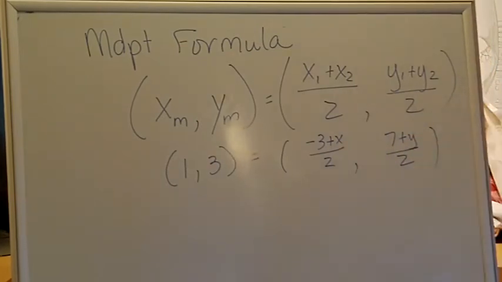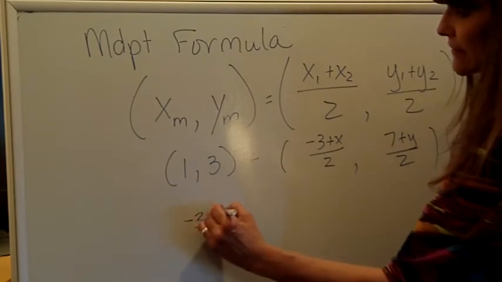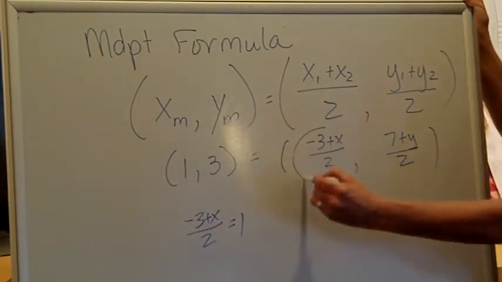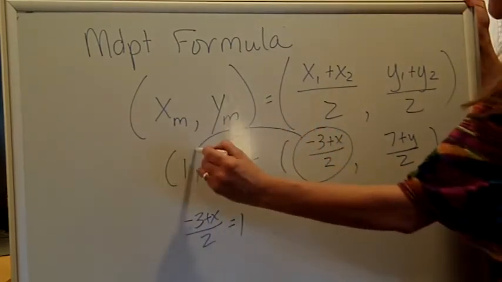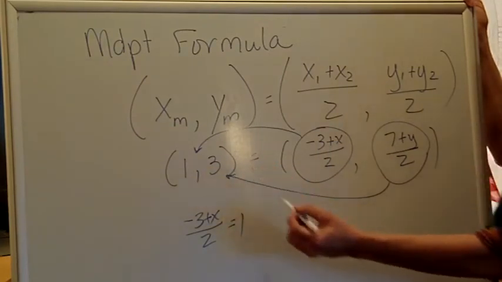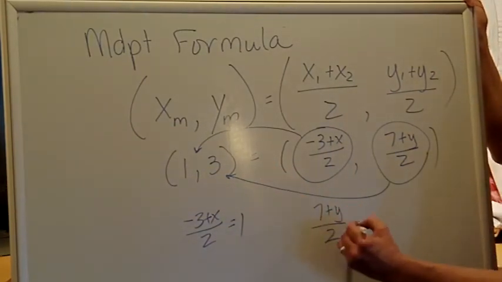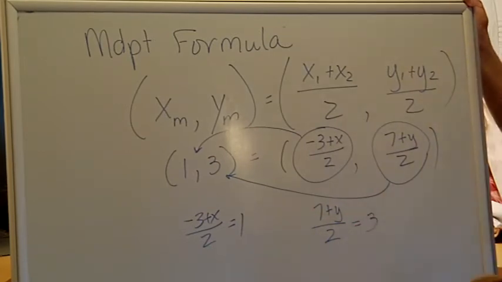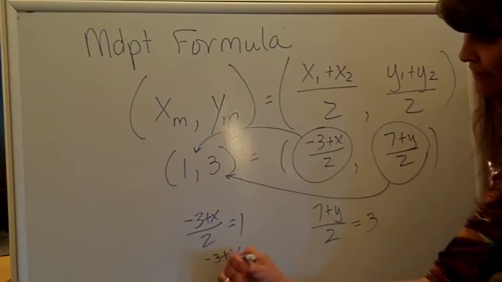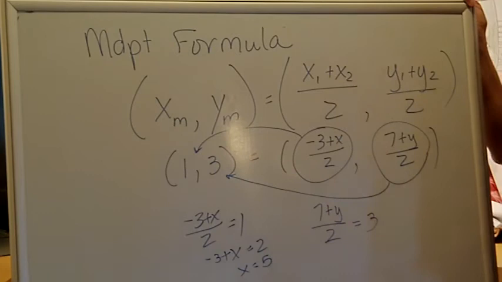What I do next is I just set them up separately. -3 plus X divided by 2 equals 1. Because you know this expression has got to equal this number. This expression has to equal this number. So we have 7 plus Y divided by 2 equals 3. I multiply the 2 over, I get -3 plus X equals 2. X has to equal 5.